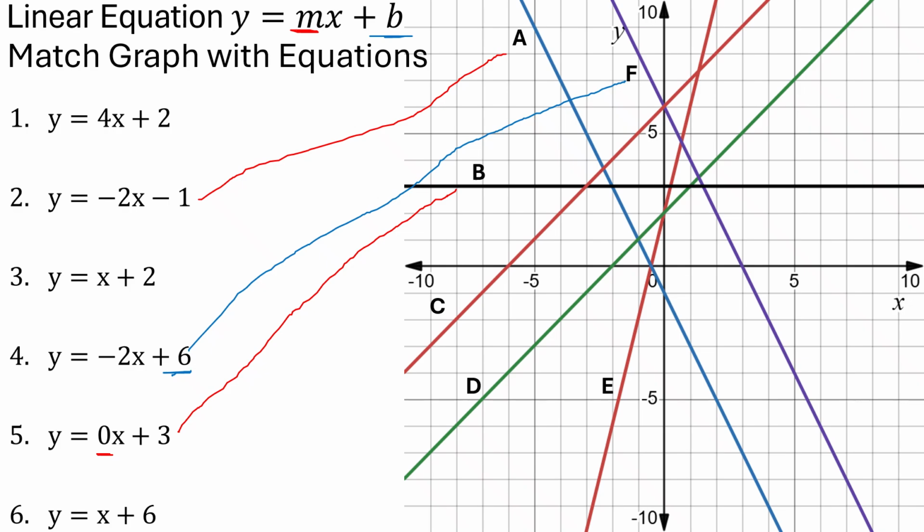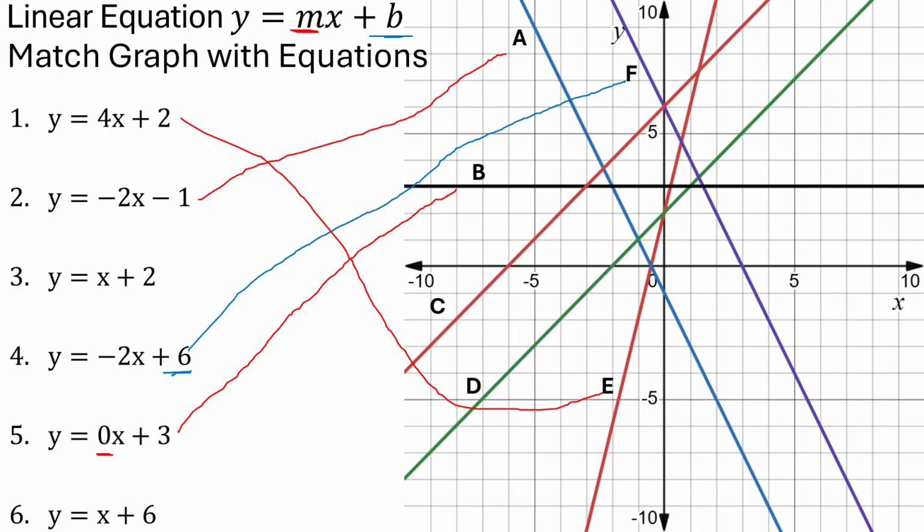So that means equation 1 will correspond to line E. And we do see that it's a steeper slope than lines C and D. It makes sense because the slope is 4 as opposed to 1 for equations 3 and 6.